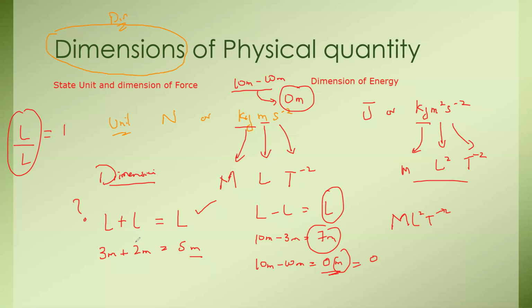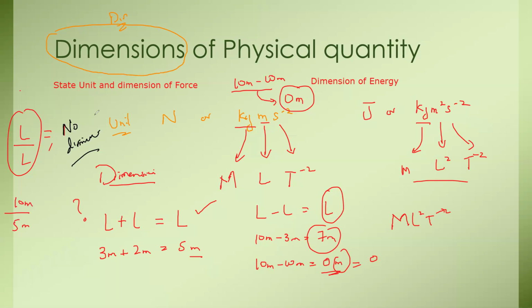Means it will be a number with no unit. Why? Length divided by length is 1. It's just a magnitude, or it's just giving us a ratio. For example, you have 10 meters and you divide it by 5 meters. So when 10 is divided by 5, here 1 actually means it does not have any dimension. Instead of saying 1, you will say no dimension.